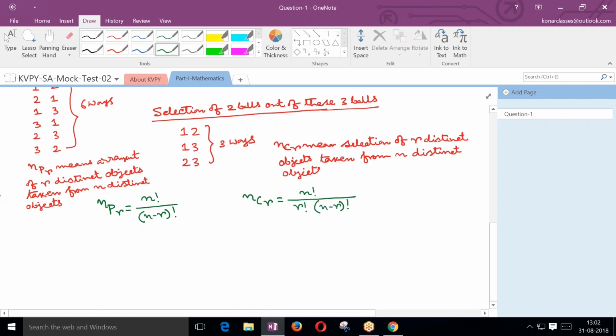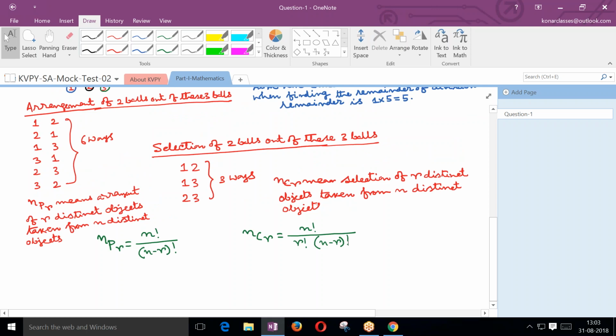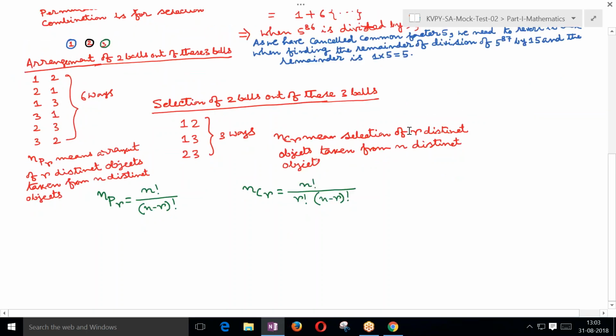Now let's see our example, the one we used a few minutes back. Out of 3 distinct balls, because the balls are distinct, one is blue, one is black, one is green. In this case n is equal to 3, and r is 2 since you are taking 2 balls.